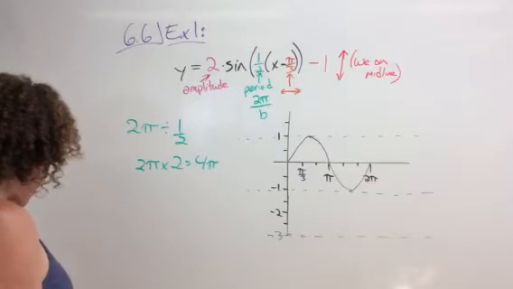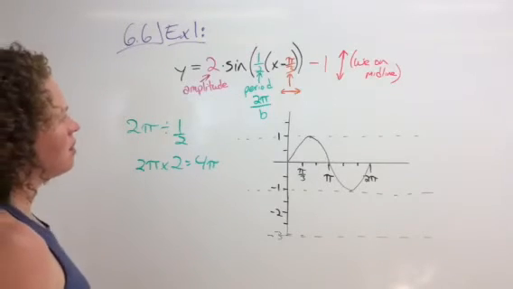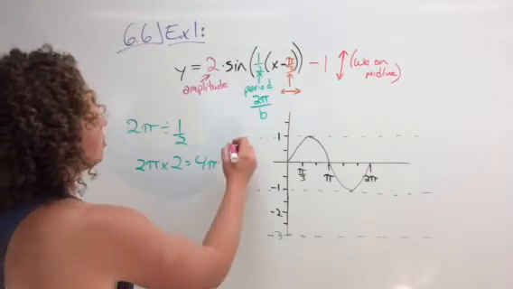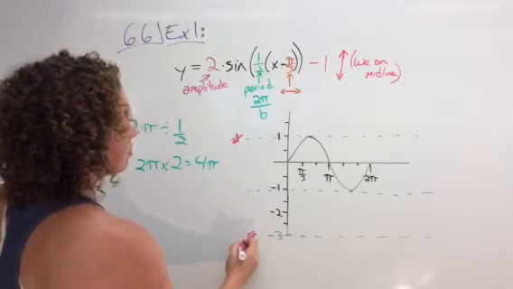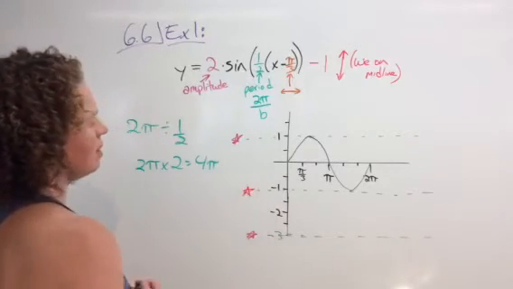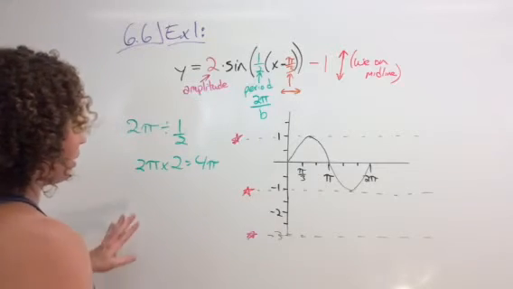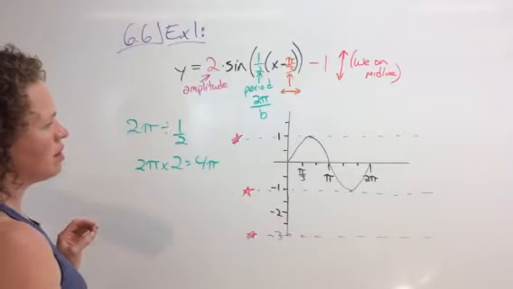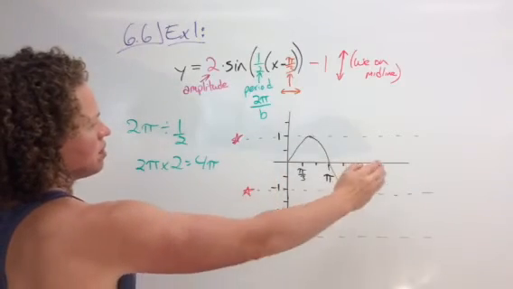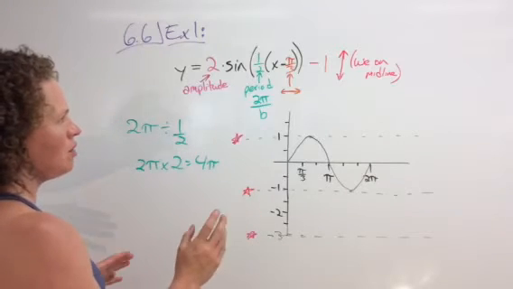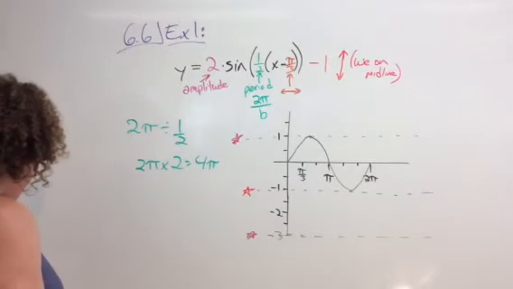Now I can't anchor that yet because I have to use, let's see, I'm just going to color code this a little bit. This was pink, this was red, and we haven't used this one yet. What we need to know is how it shifts this way or that way, so we need to have an anchor point and then just move it pi over 3.